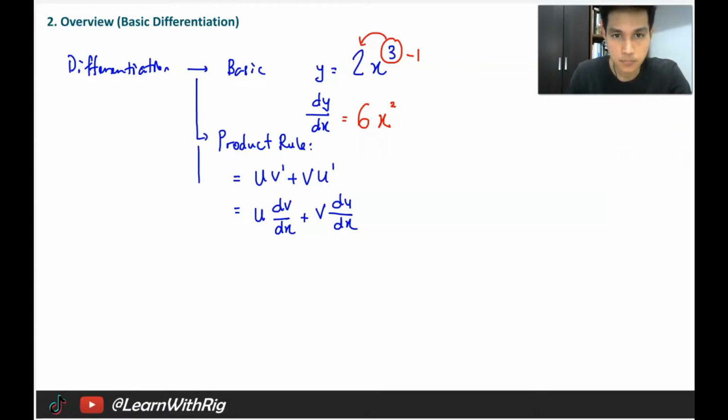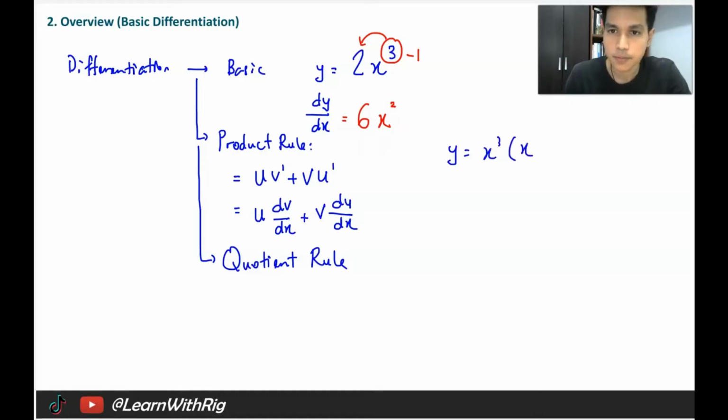Clear? So next, the third one is called quotient rule. What is quotient rule? Quotient rule is similar to product rule, but the only difference is that quotient rule is for division. Just now I gave you y equals x cube times bracket x square plus x, correct?